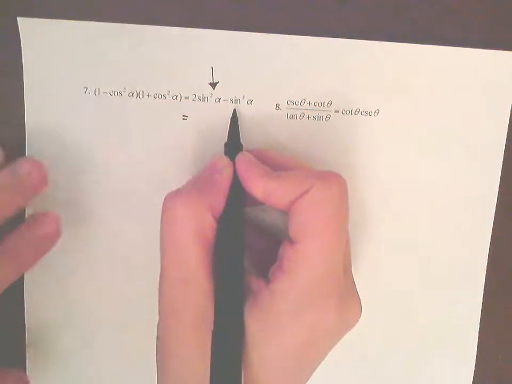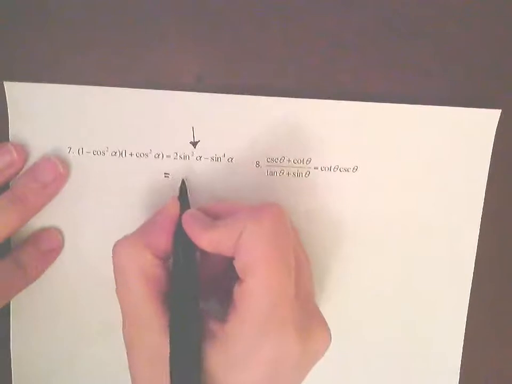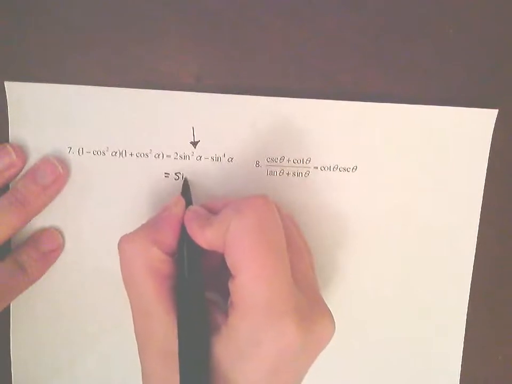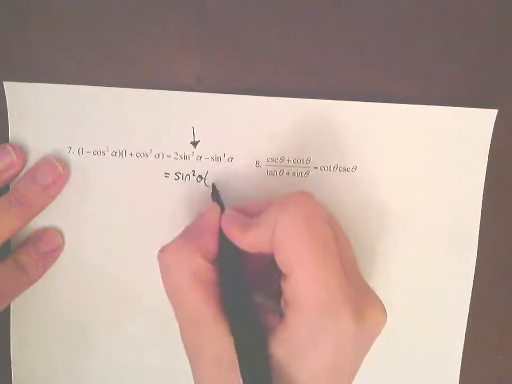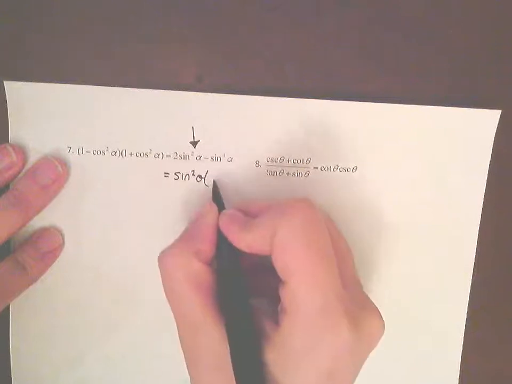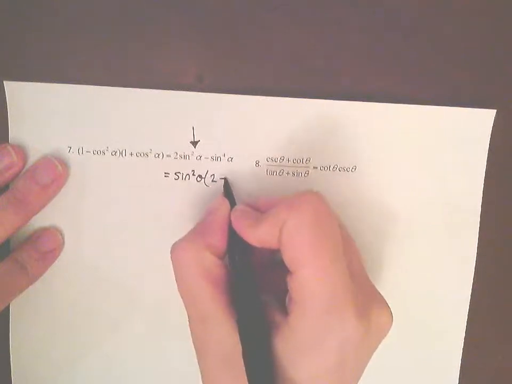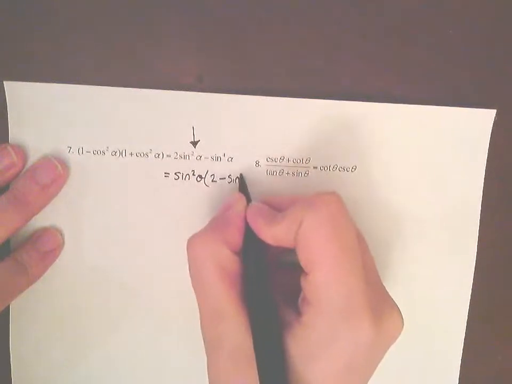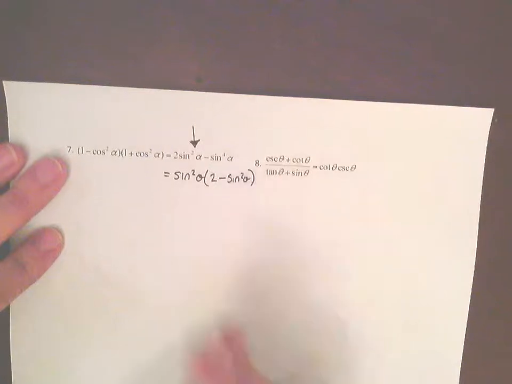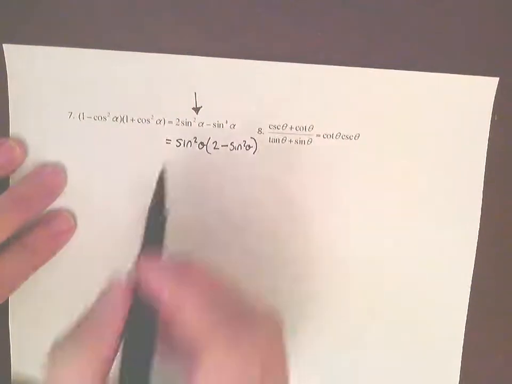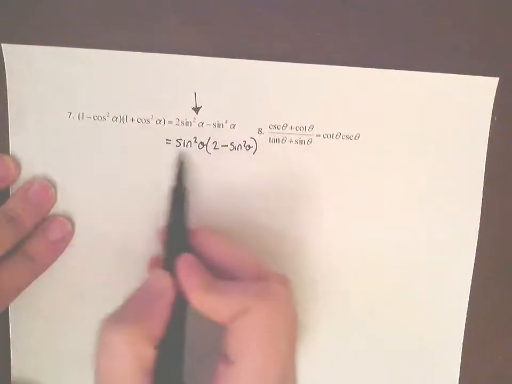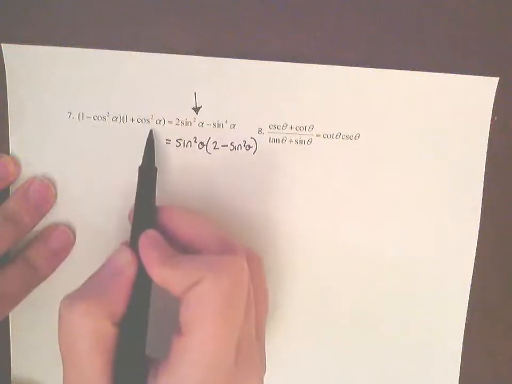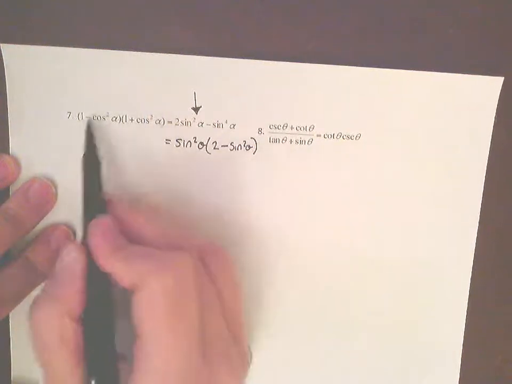So I'm going to take out a sine squared theta, and then you're left with 2 minus a sine squared theta. Alright, so I'm going to pay attention to this side as I'm working. So I notice that I want to get it to look like this, so there's cosines here.